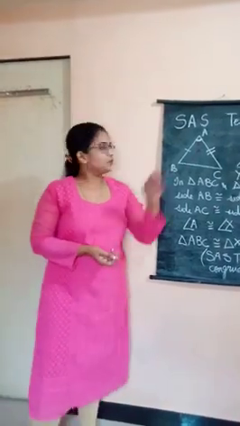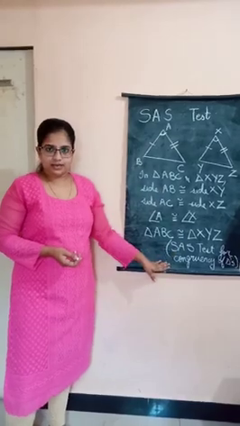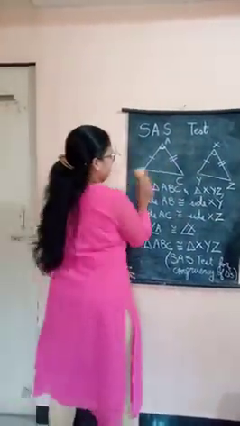I hope you have understood what is meant by the SAS test when the diagrams given are in such a form. Now let us have a look at one more example.